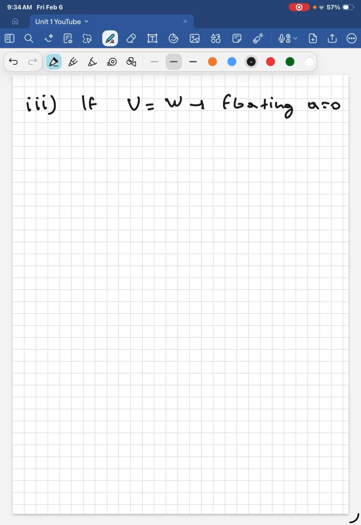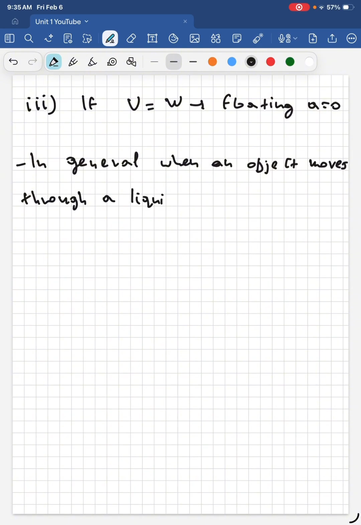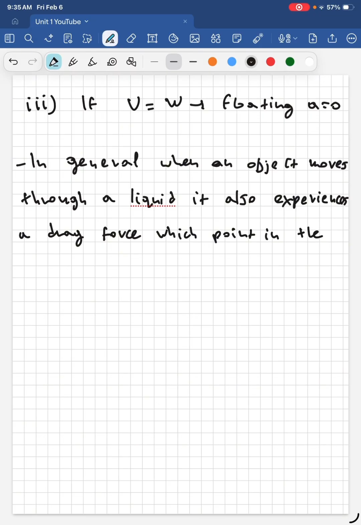Before moving on, let's say that in general, when an object moves through a liquid, it also experiences a drag force, which points in the opposite direction than the motion.